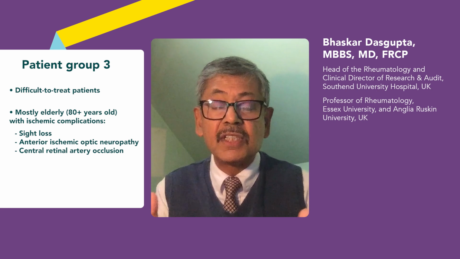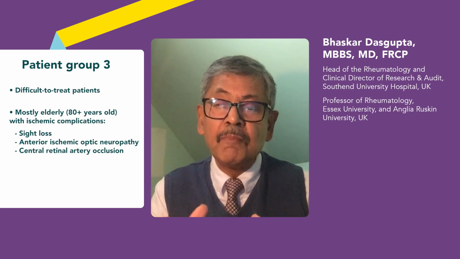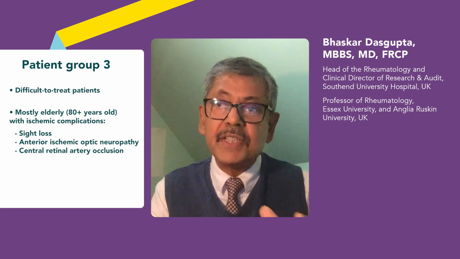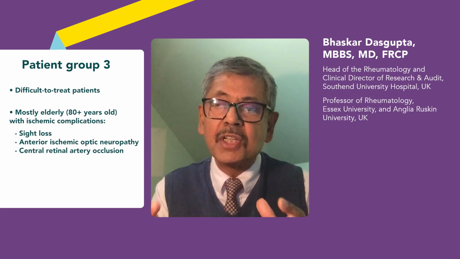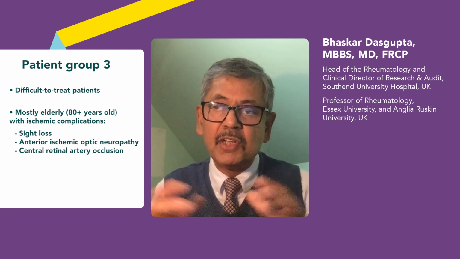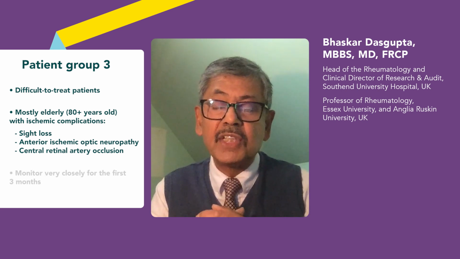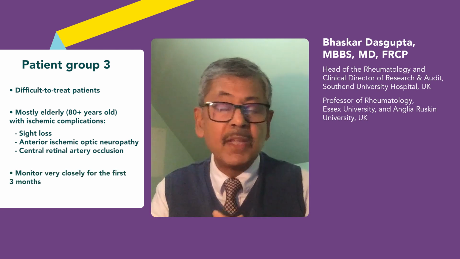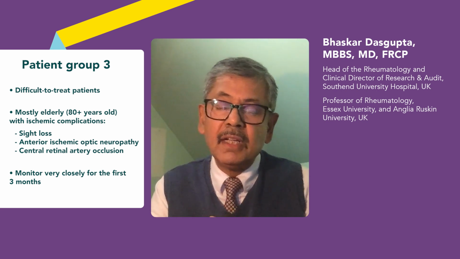While you're reducing the steroids, you really have to be very careful because there is the potential threat of further ischemic sight loss. So you really need to follow these patients very closely in the first 3 months, and then again, if they become stable, you give them a longer interval for coming back to the clinic.